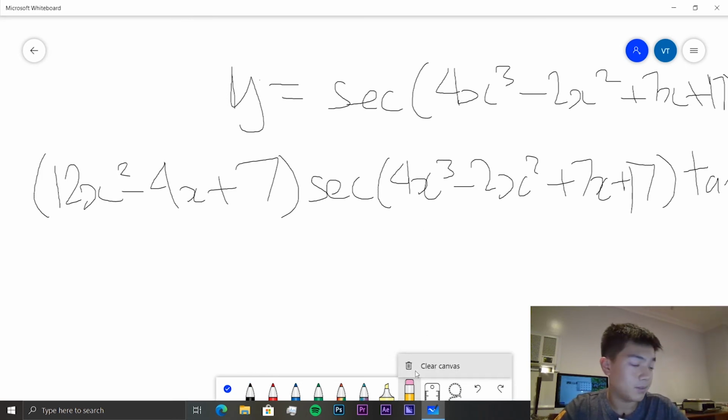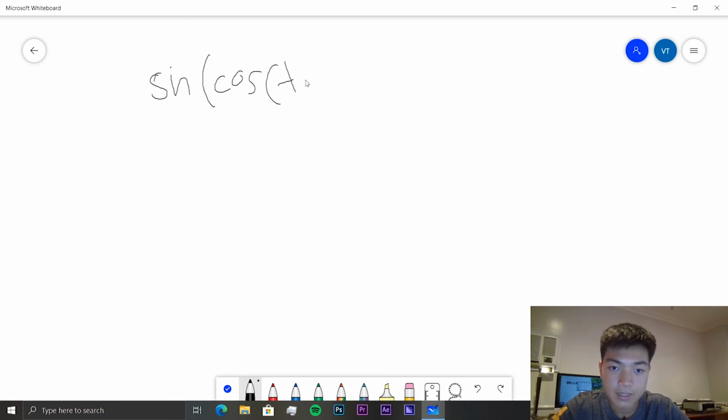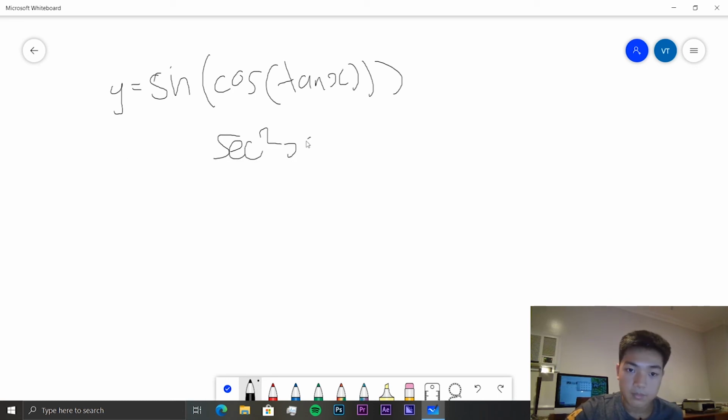Finally, on to the last one. The last question is, we need to differentiate sine of cosine of tangent of x. So this is a multi-chain rule function. First, let's get the derivative of tangent of x, which is secant squared x. So that was the easy part.